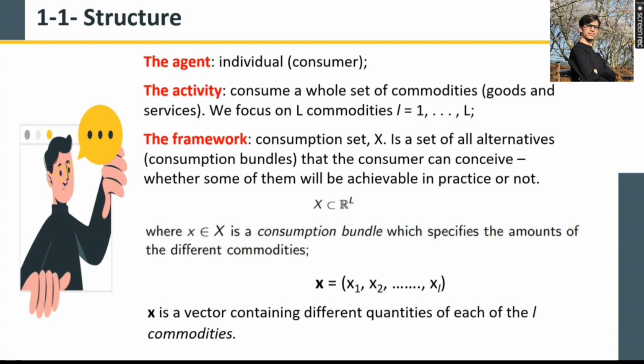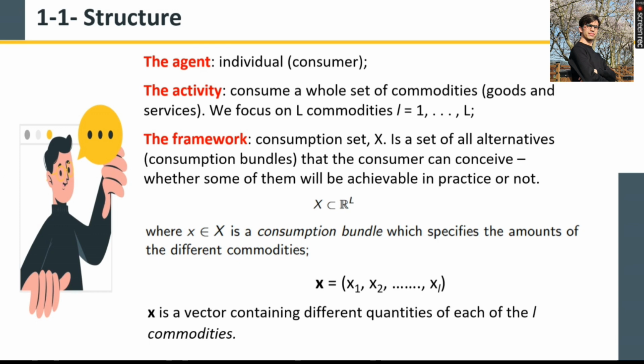Consumers consume a whole set of commodities like goods and services. And we focus here on L number of commodities. That small l starts from 1 to the capital L, which means we have L number of commodities here. So L is the notation for the number of commodities, for the number of goods and services.